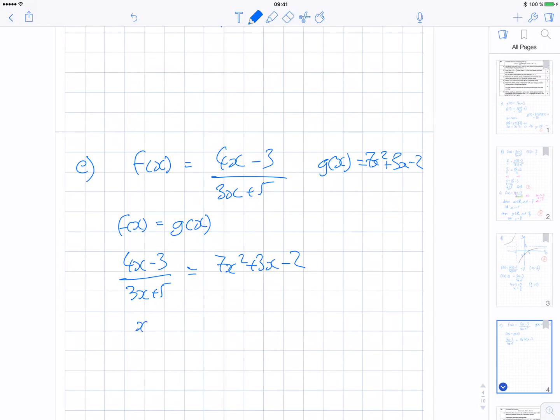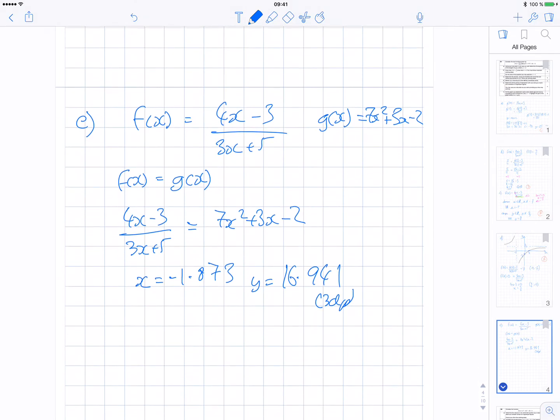So we have x is equal to minus 1.873, y is equal to 16.94, 1 to 3 dp, or x is equal to minus 0.547, and y is equal to minus 0.284, again to 3 dp.